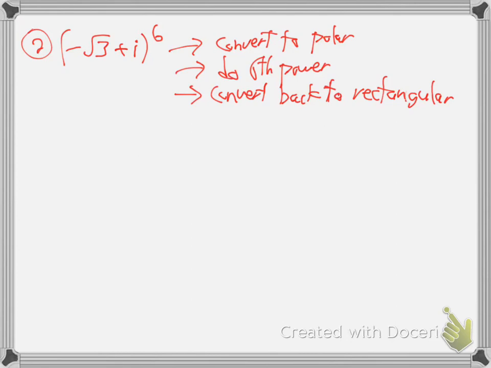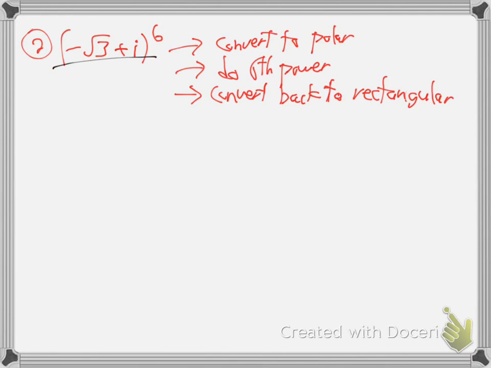So basically I'm going to convert the thing to polar, do the 6th power in polar, which is much easier, and then convert back to rectangular. It's easy to do a 6th power if you're in the other form. It's a pain in this form. And so we change to the other form. We have that special rule when you have angles, you just multiply the angles by 6, and then you just come on back to rectangular. So that's the game plan.